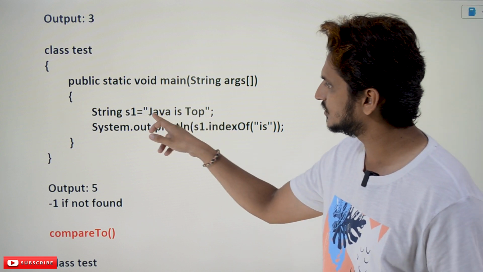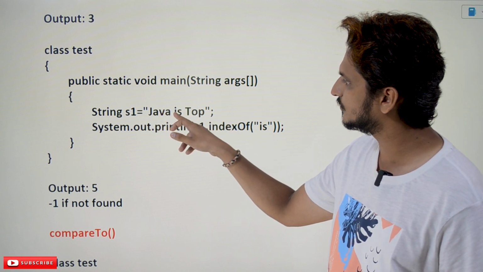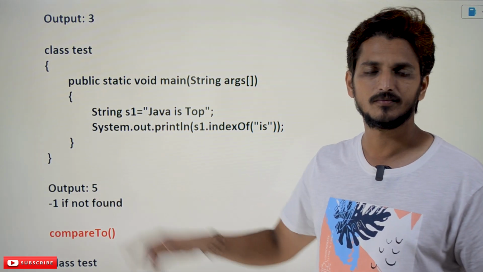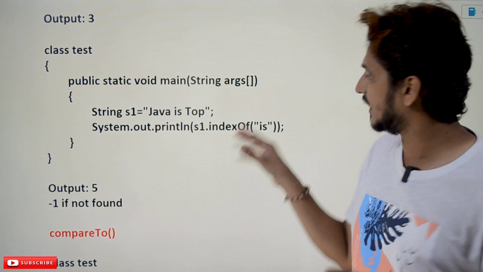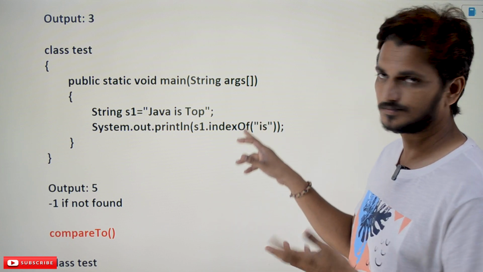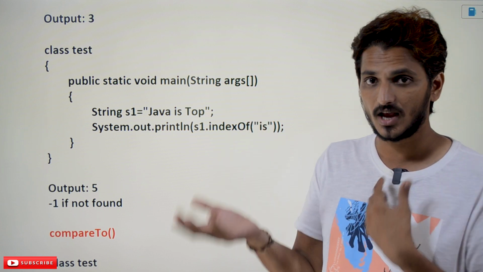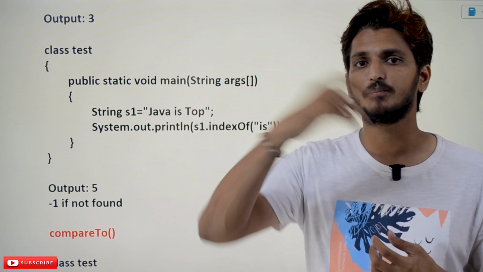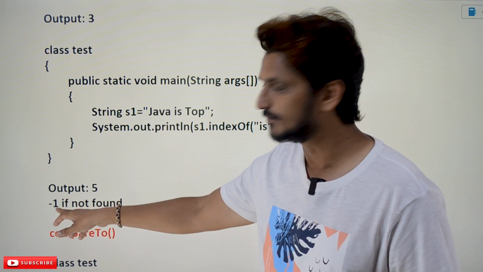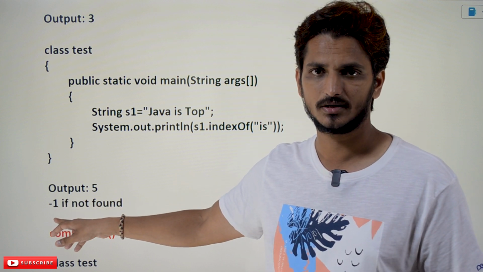Counting 0th, first, second, third, fourth position, is starts from the 5th position. Your output should be 5. So whatever you ask for, like A, if it is available, it is going to give you the position. If it is not available, you are going to get -1 as the output.